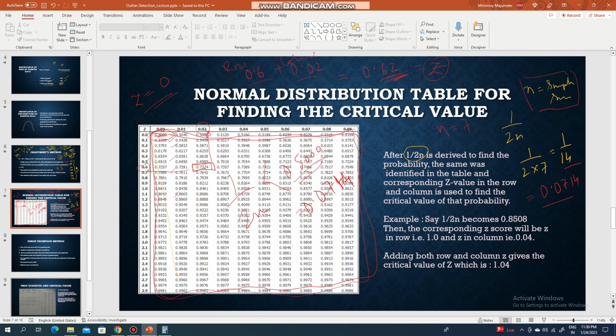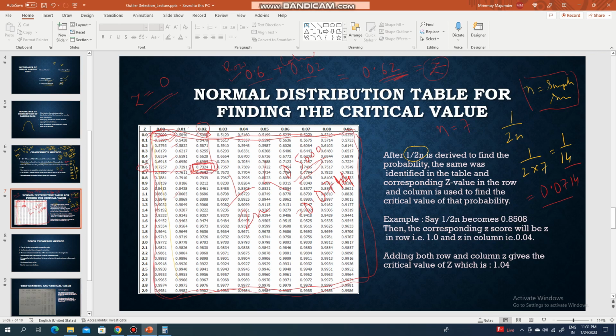However, suppose for some example you find that your 1 by 2n is 0.7324. Then how do you calculate the critical value of Z? Now try to find the row heading, which is 0.6, and the column heading of your 1 by 2n.